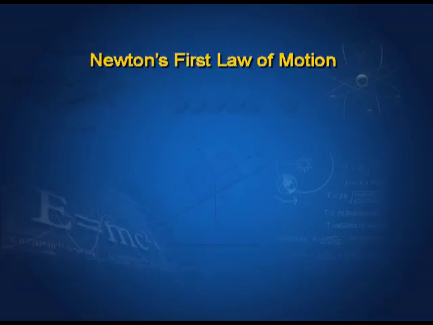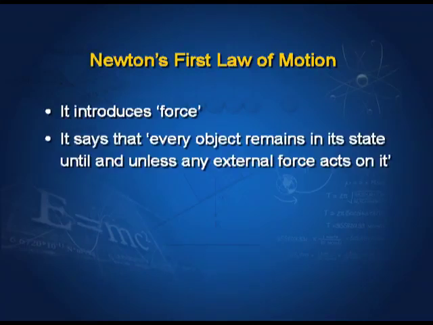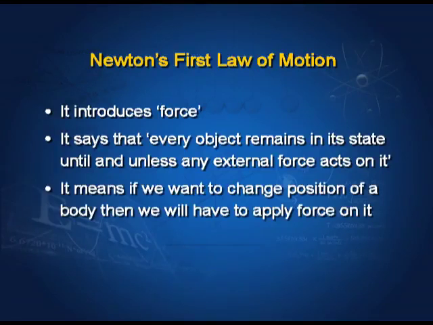Now, we will come to Newton's laws of motion. The first law of motion introduces force, and the law states that every object remains in its state until and unless any external force acts on it. It means if we want to change the position of any object, we will have to apply force on it.